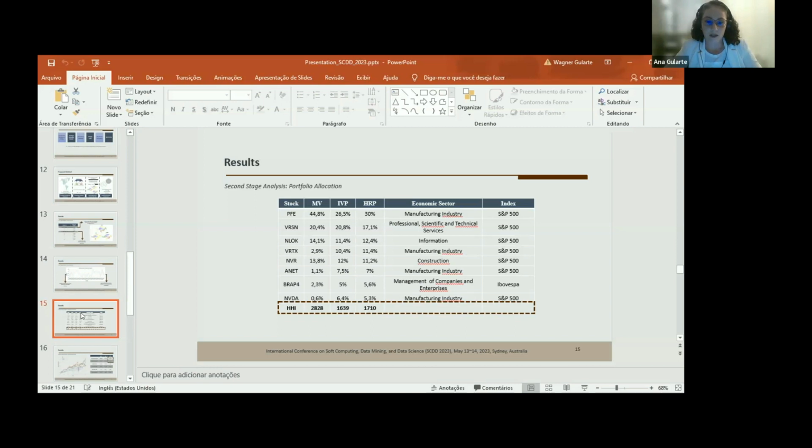Inverse variance portfolio and hierarchical risk parity were the methods that most evenly distribute the weights among the assets, showing a moderate concentration, with a Herfindahl-Hirschman index of 16, 39, and 1710, respectively.